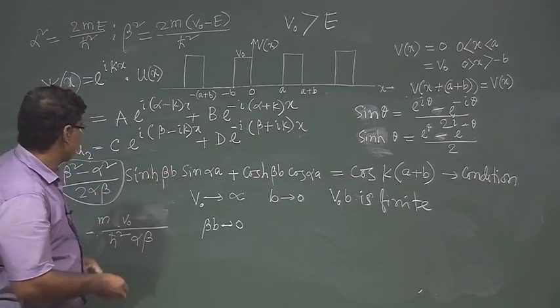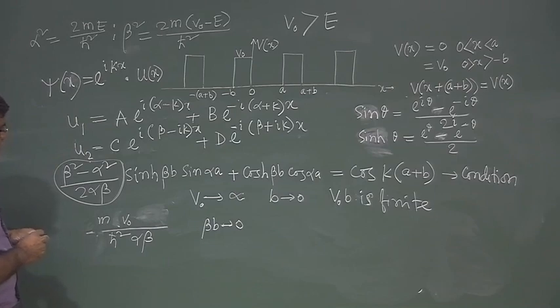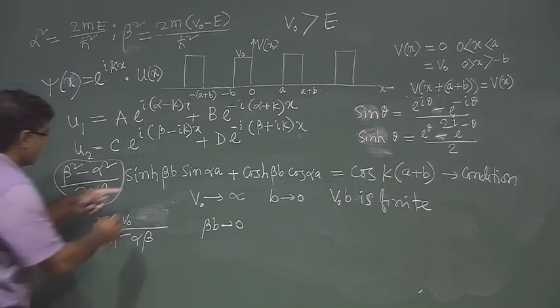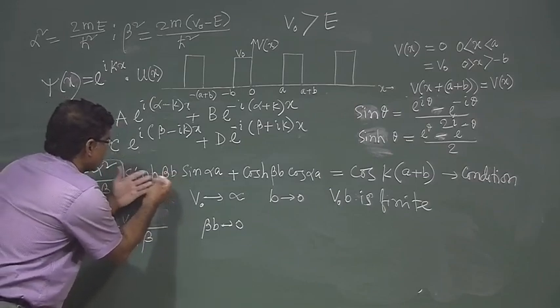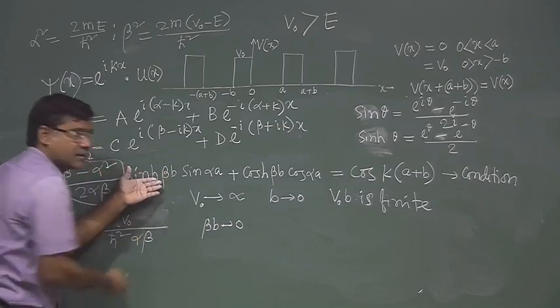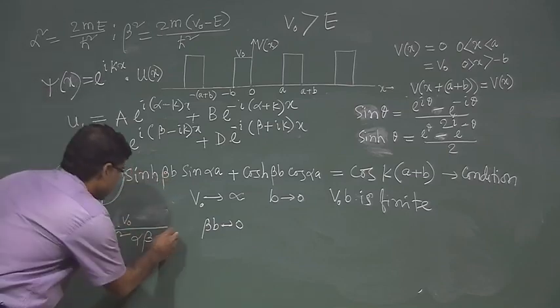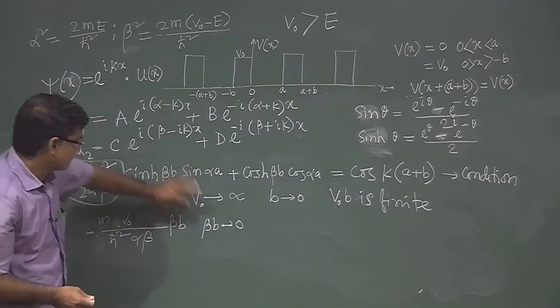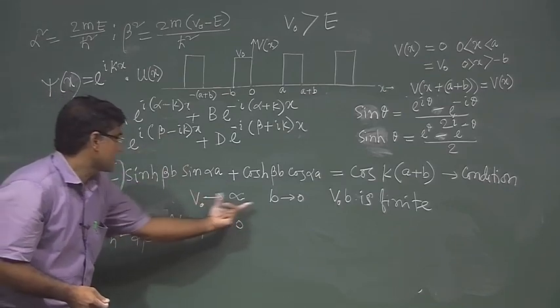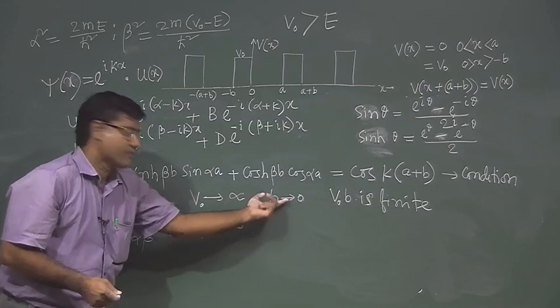So, sin hyperbolic theta equals theta for small value. So, this one I can write as beta b, since this is a small value as per this condition.